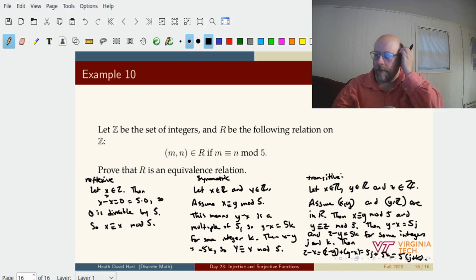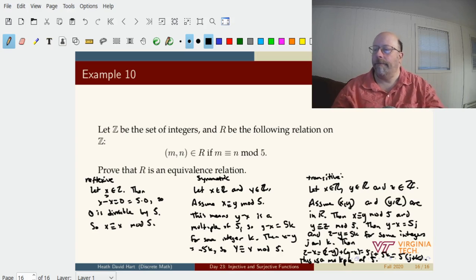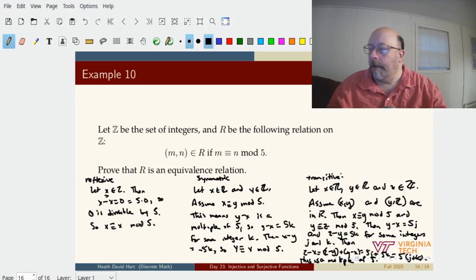And so this is a multiple of 5. And so x is congruent to z mod 5. And so this is an equivalence relation. It is reflexive, and it's symmetric, and it's transitive.